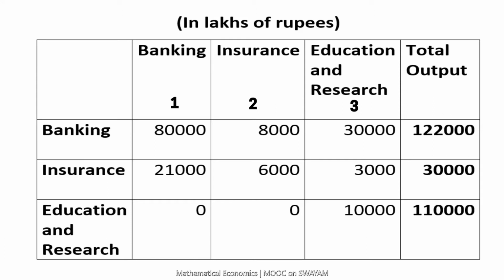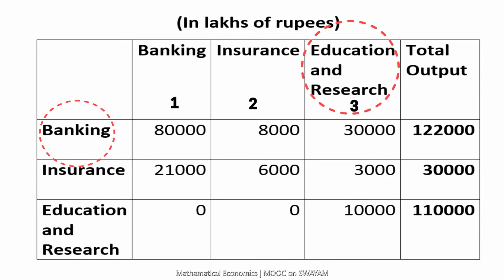The entries in this table show the amount in lakhs of rupees that is being used by one sector to deliver services in its own or other sectors. Suppose we wish to find how much worth of banking service is required by the economy to provide education and research.